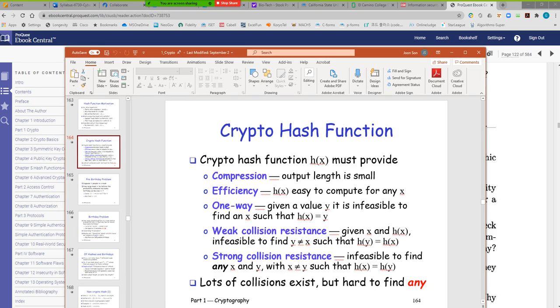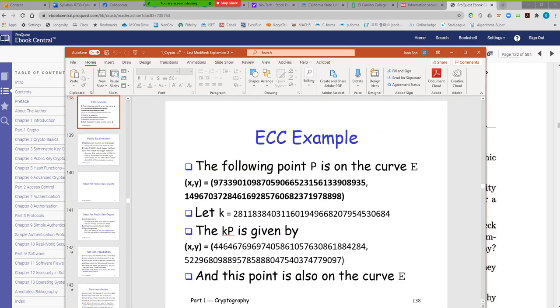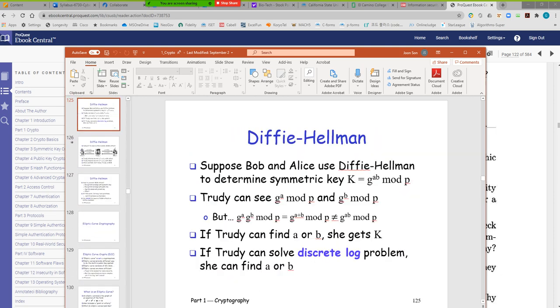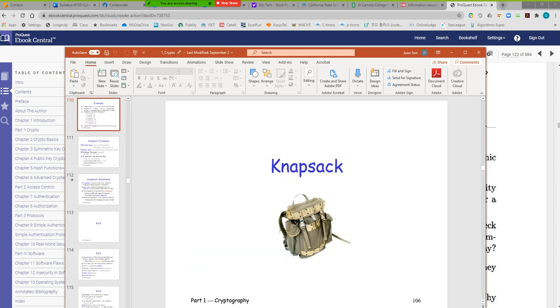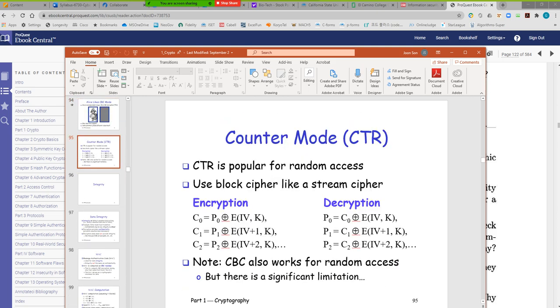Hopefully I already talked about this in my lecture, but let's just review. I think it's the chapter where we talk about the MAC.